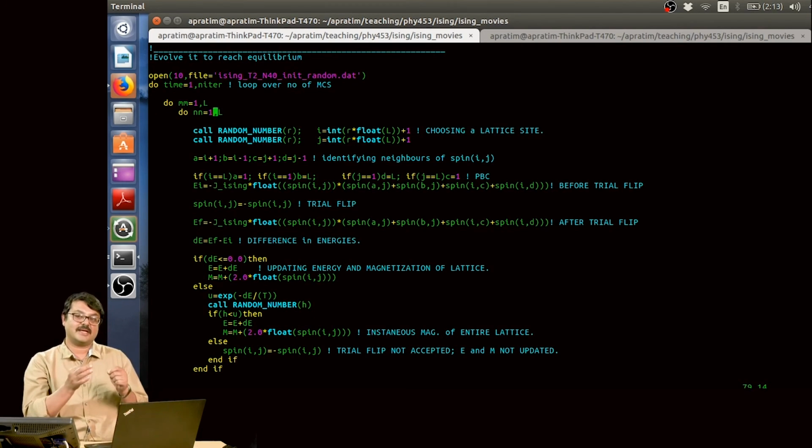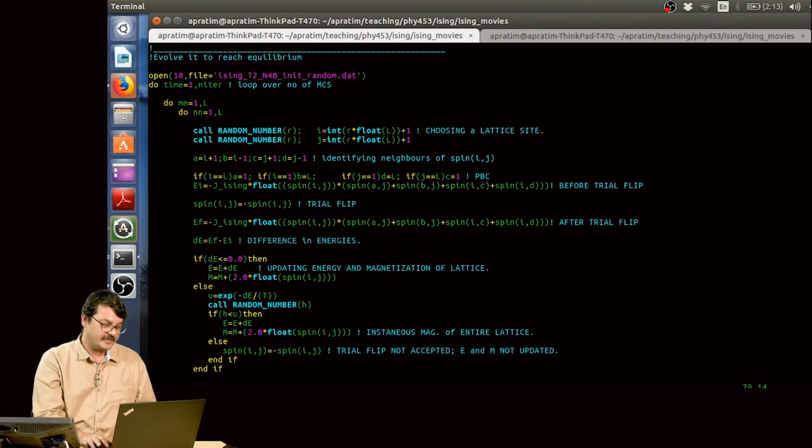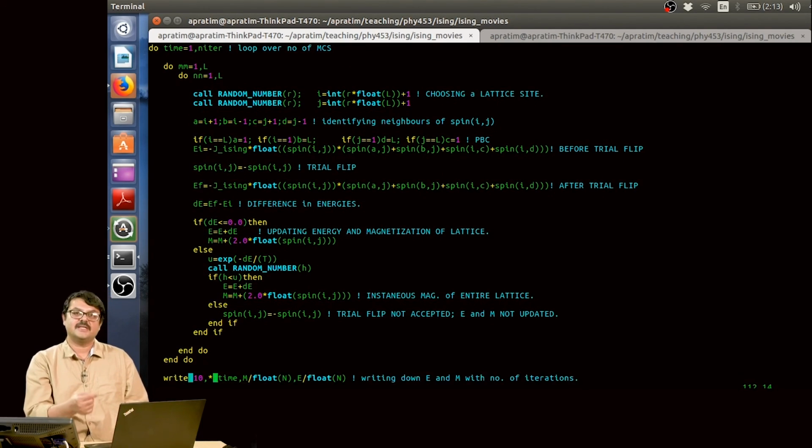Now, there are n attempts, n being L cross L attempts, which are being done. So, you are randomly choosing a spin n times, trying to flip the spin. Sometimes it is accepted, sometimes it is not, depending upon the value of delta E and especially kBT, the thermal energy. And at the end, once you have done it for essentially n times, you have completed one Monte Carlo step.